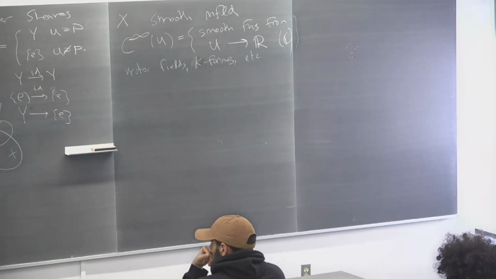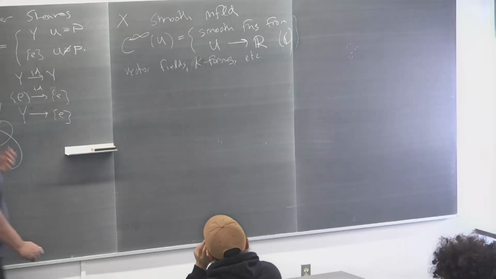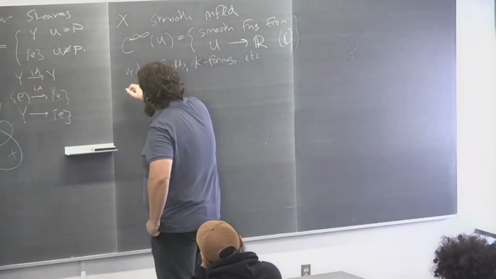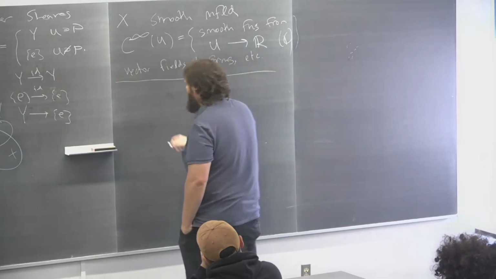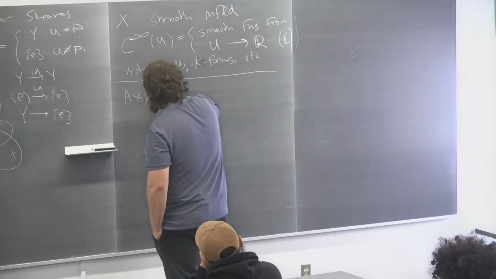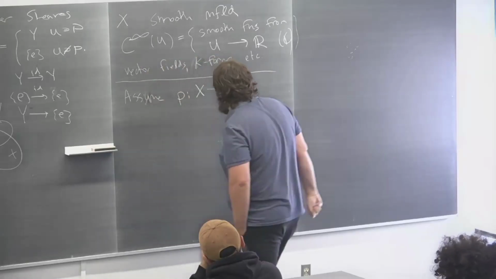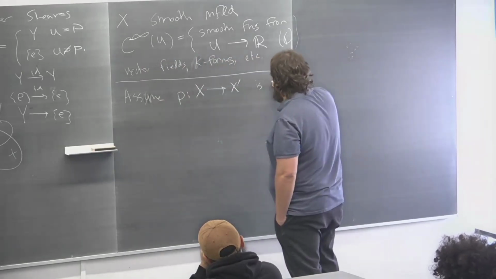Okay, one more example of how to cook up sheaves, because it's kind of important for things we'll do throughout the course. Assume T from X to X prime is a continuous map.